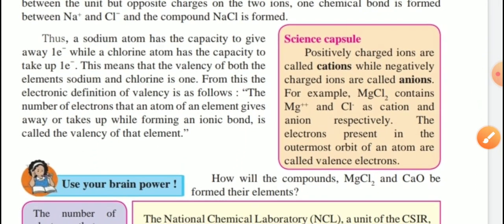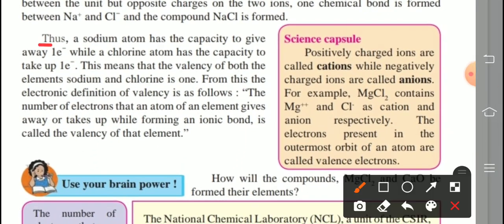Next, thus a sodium atom has the capacity to give away one electron, while a chlorine atom has the capacity to take up one electron. This means that the valency of both the elements, sodium and chlorine, is 1. From this, the electronic definition of valency is given here. The question is asked: define the electronic definition of valency.